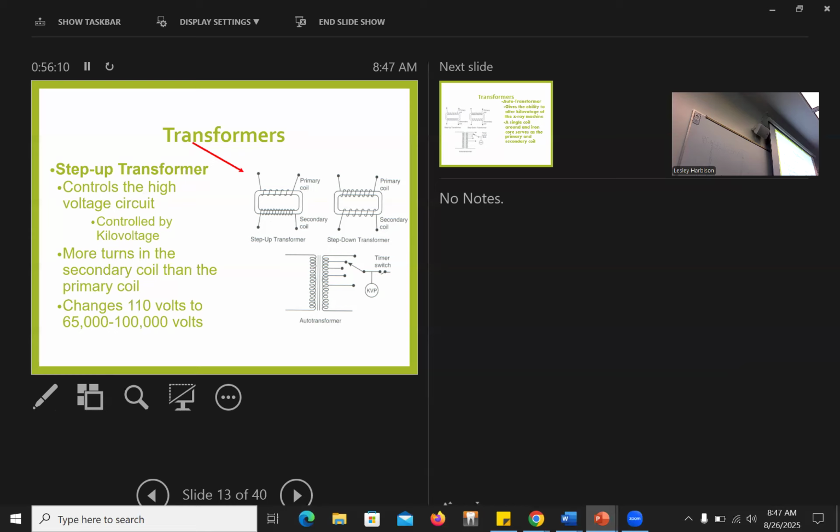I'm almost positive. So 60 to 100,000, but 65 to however. If you see a very, very large number, you know that we're talking about the step up and the kilovolt side, the kVp side. And so then the red arrow is pointing to the step up transformer of those two.